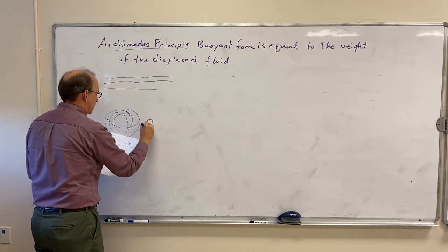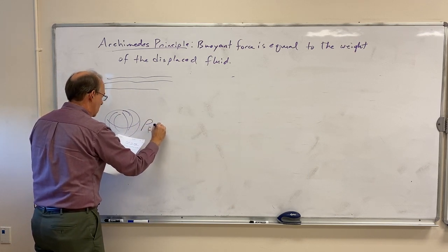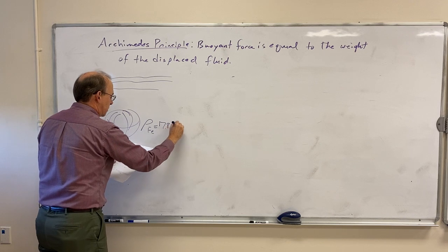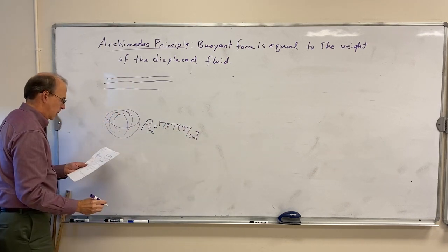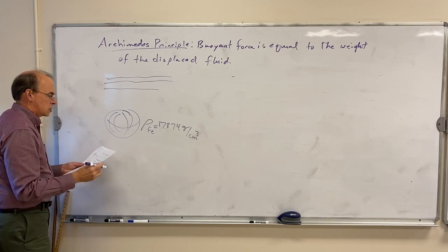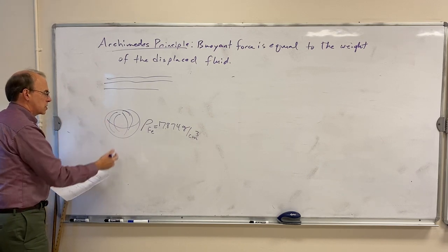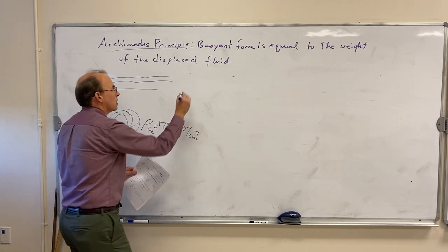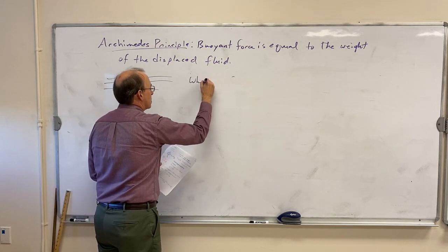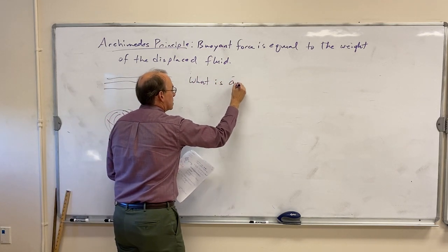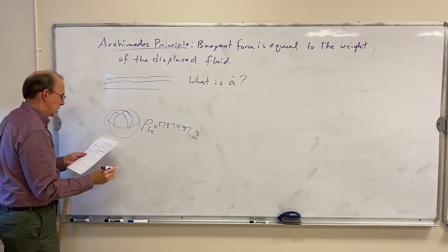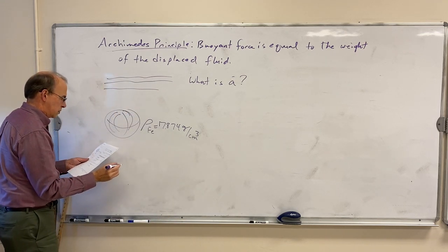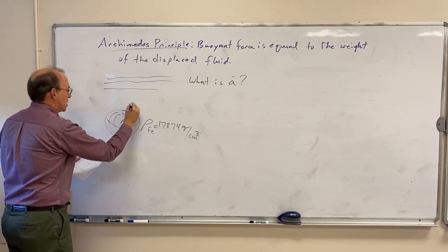And it's an iron sphere where the density of iron is 7.874 grams per cubic centimeter. And what I want to know is, what is the acceleration of this sphere underwater? See, I do have to know how big it is, so I'll give its radius. I let it have a 5 centimeter radius.